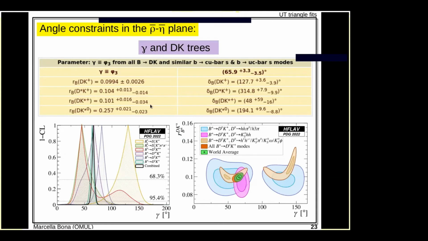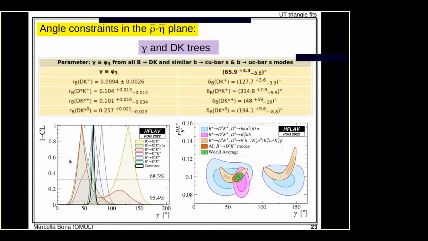Now, this is the table from HFLAV. I'm sorry, I forgot to mention this earlier. You see a gamma value that comes from a global analysis they've done, and you also have the various R and the various strong phases. This comes from a global fit altogether.